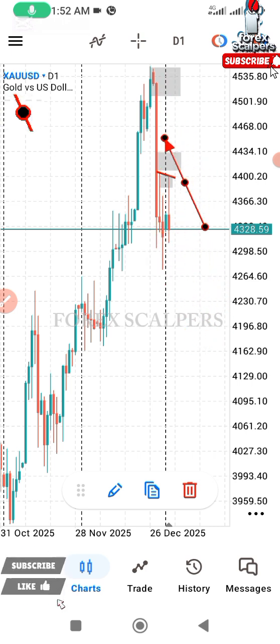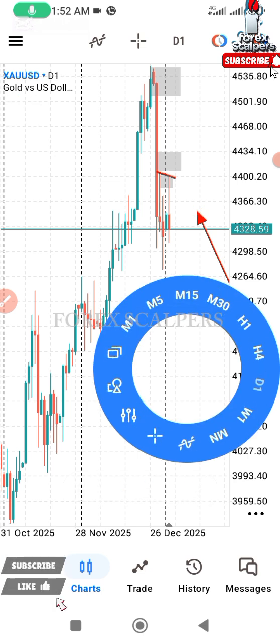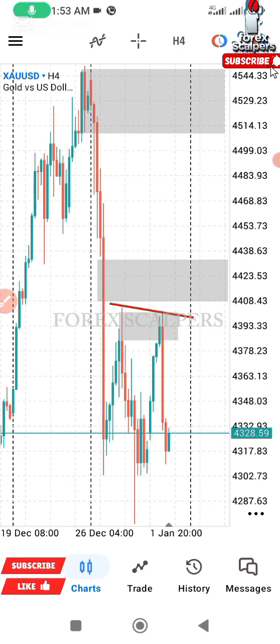However, there is already a presence of sellers coming in. That gives you an idea that seller pressure is coming in. Then you go ahead, mark your point of interest, and wait for price to come into that zone in order for you to make your trade entry.